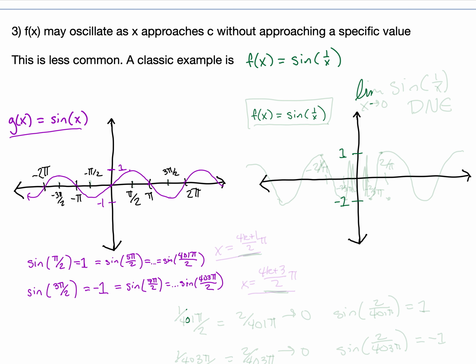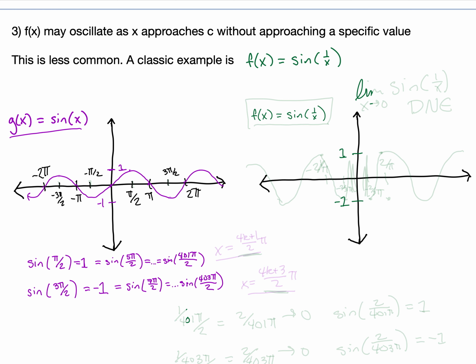So for example, sine of pi over 2 is 1, sine of 3 pi over 2 is negative 1, but then sine cycles through those values, and so we keep seeing those values repeated.